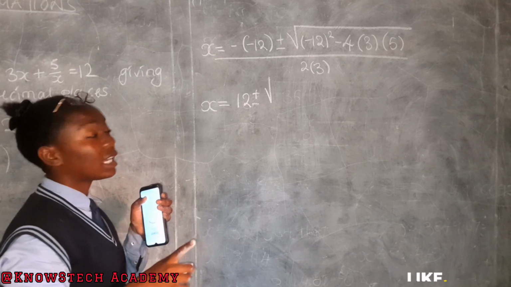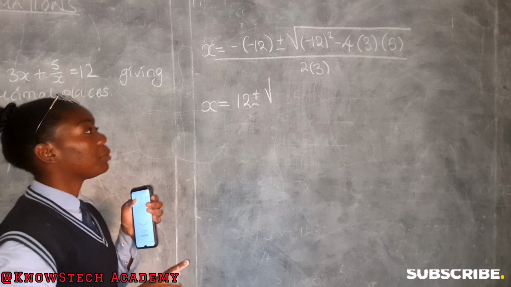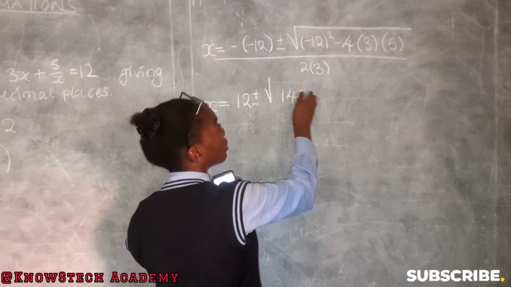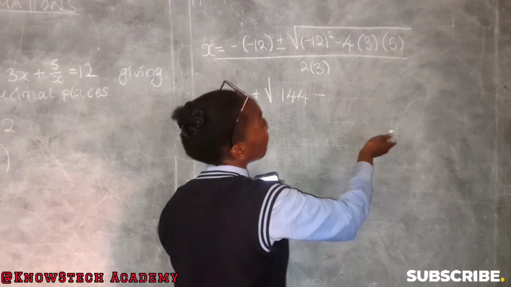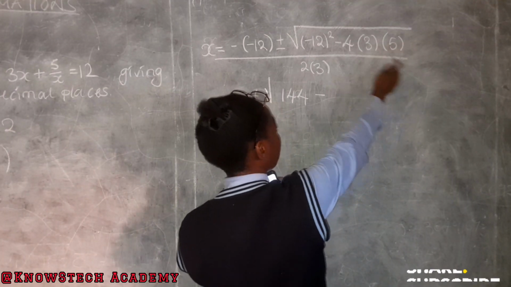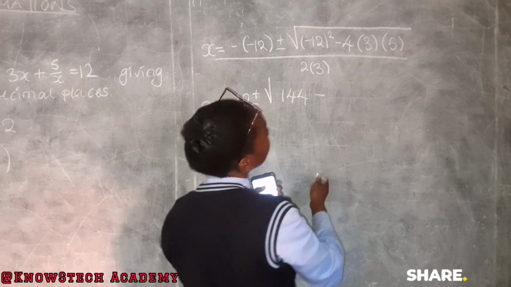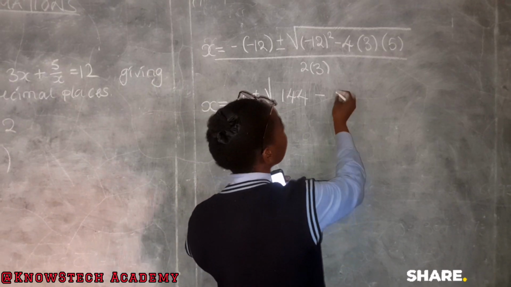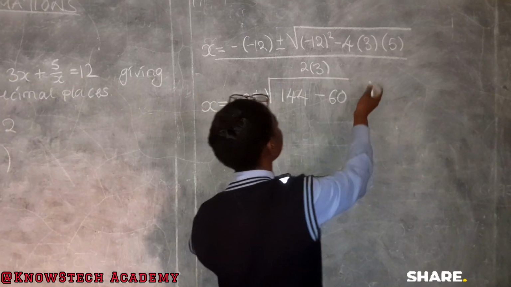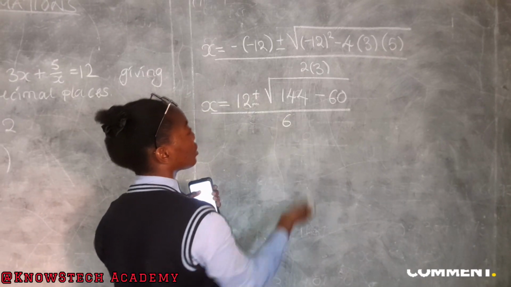So negative times negative is positive, meaning negative 12 times negative 12 is going to be positive 144. So write down our 144 minus 3 times 5 is 15. So 15 times negative 4 is going to give us negative 60. Then 2 times 3 is 6.